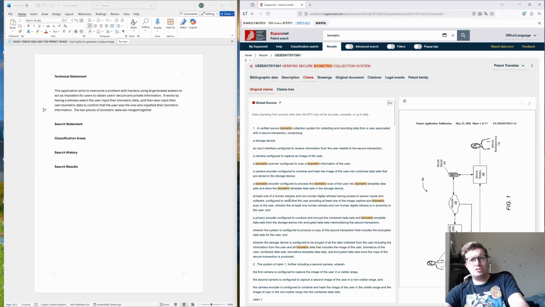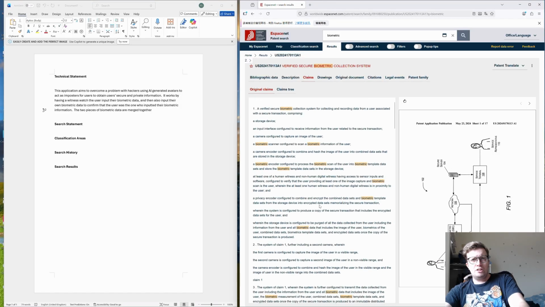It says the center input software verifies it, finally captures it and processes it, and the privacy encoder combines and encrypts the combined data sets into an encrypted, normalized, secure transaction copy, and it goes into storage.